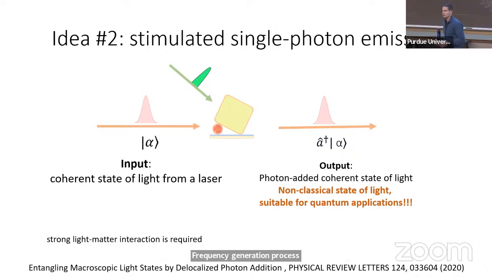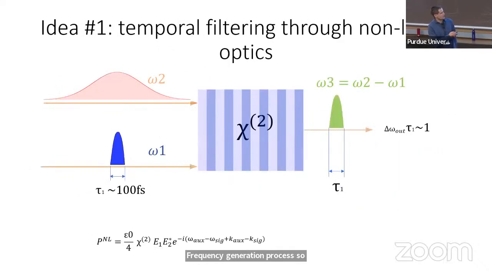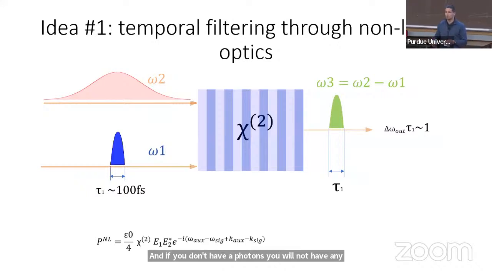So in this case, your output signal is proportional to your input signals, and if you don't have photons, you will not have any output photons in the third beam.